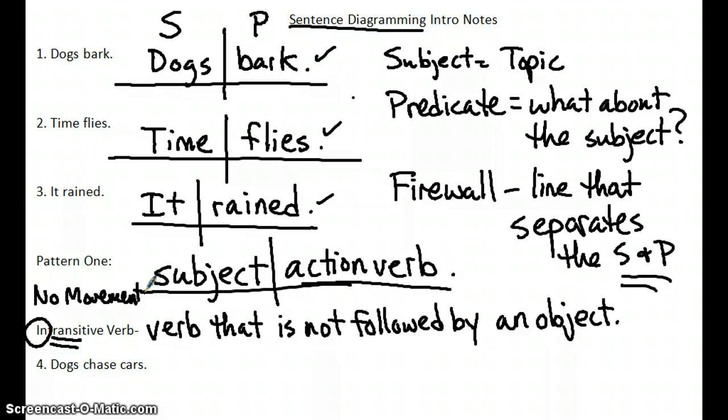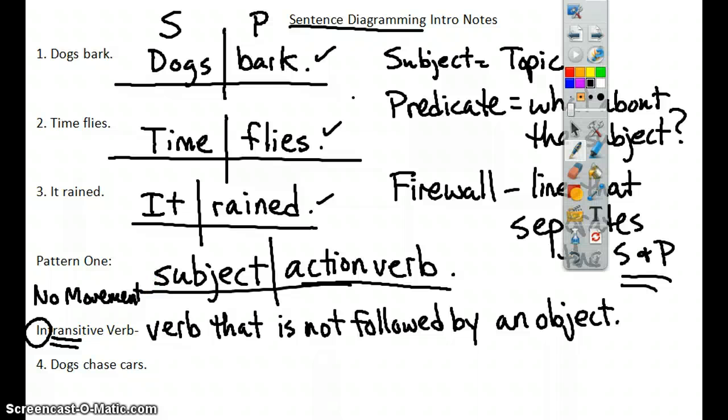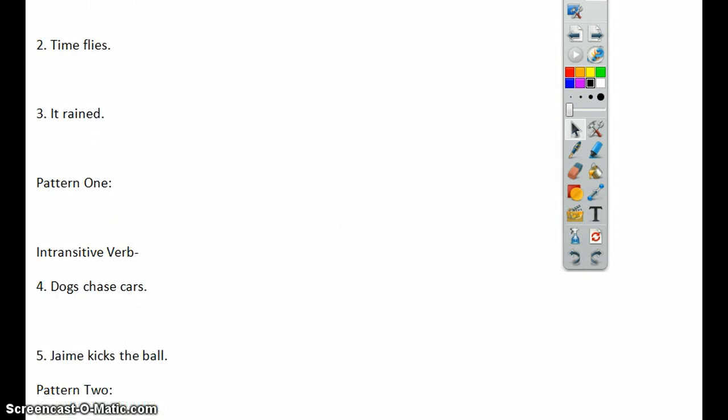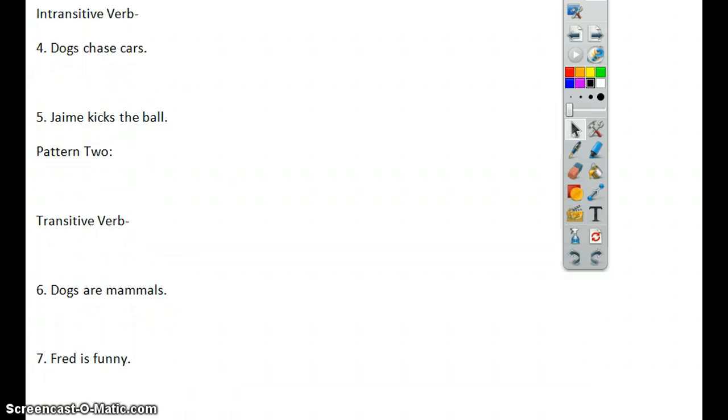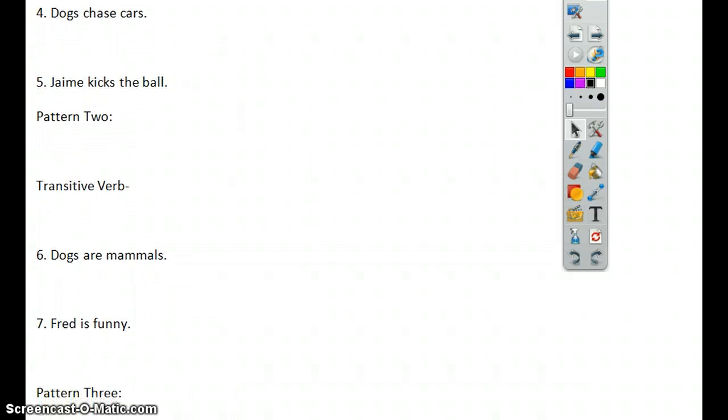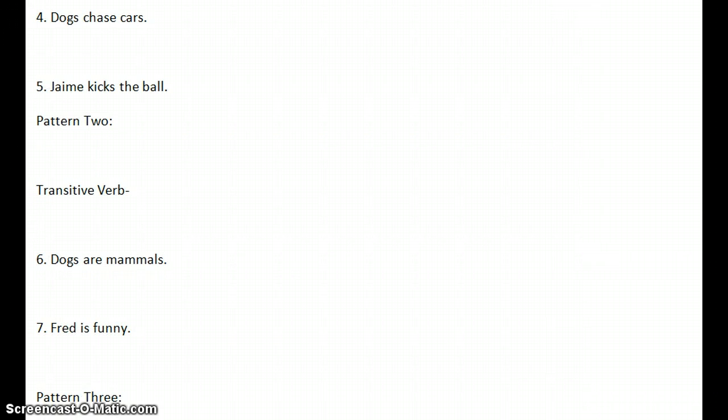Let's take a look at the next example. Dogs chase cars. I'm going to clear what I've written, and I'm going to scroll down the page a little more so you can see. Okay? Dogs chase cars. Now, this is done slightly different. Take a look at how it's done. First of all, dogs is our subject. That's what the sentence is about. Here's my firewall.